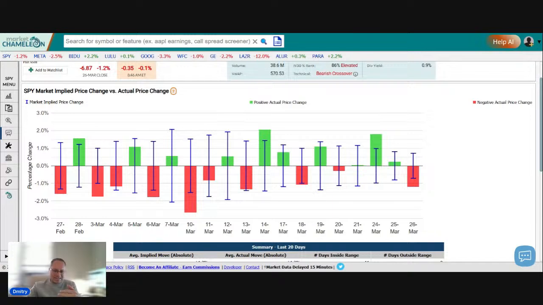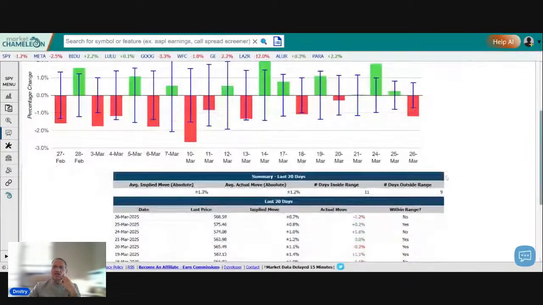At least visually, I'm not seeing a clear pattern right now of lots of up moves or lots of down moves exceeding. So that doesn't stick out. But we do get some insights here: up moves and down moves have exceeded the straddle, and they were more frequent to the downside so far in this observation set.